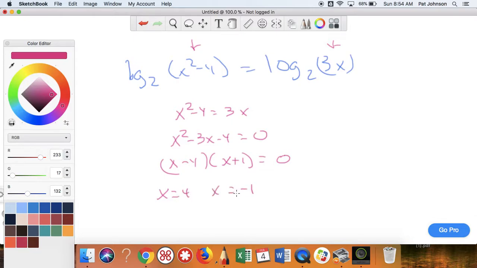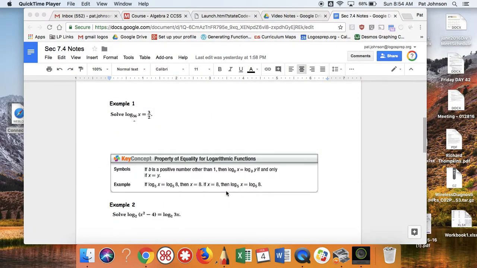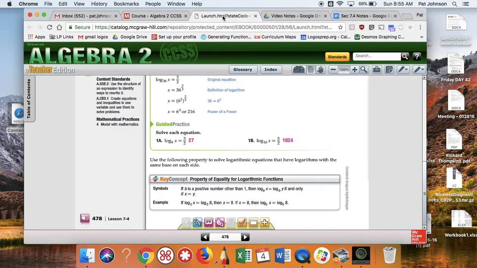Now we put this back in. Now look at this. If I put negative 1 in here, it's never going to be negative because it's squared, correct? But look at this argument. This would make this log base 2 of 3 times negative 1, which would make my argument negative. And we said, can our argument ever be negative? No. So we don't use that, and we only test 4.